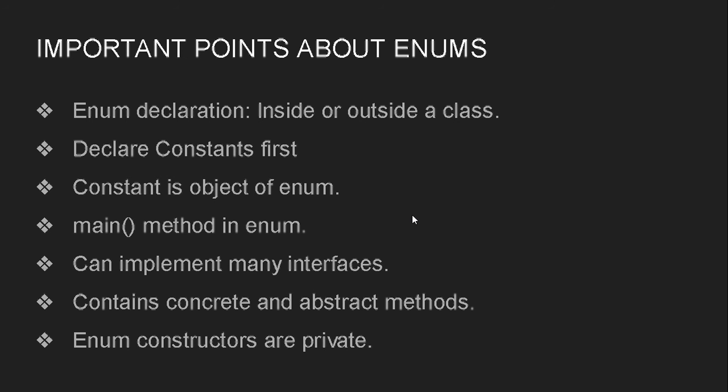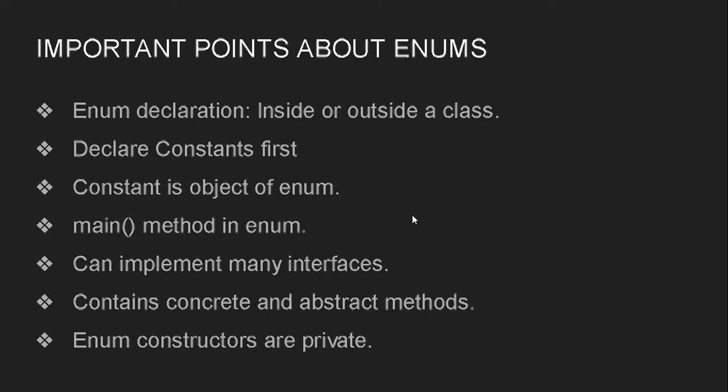First of all you need to declare the constants, and if there is more than one constant, you need to separate them by using commas. When you reach the end of the constants, you need to put a semicolon. After that you can define the constructor or the method.